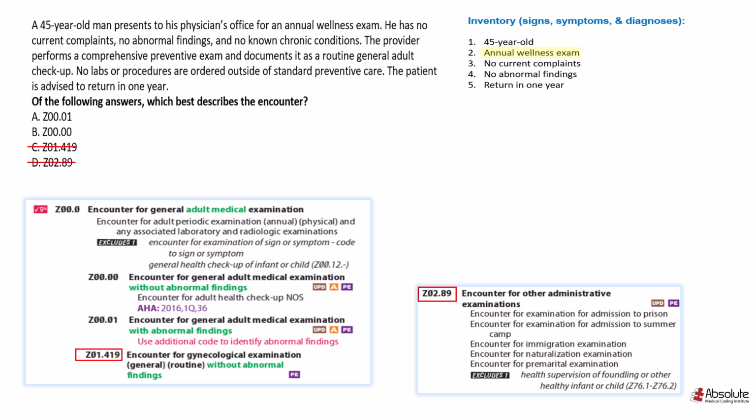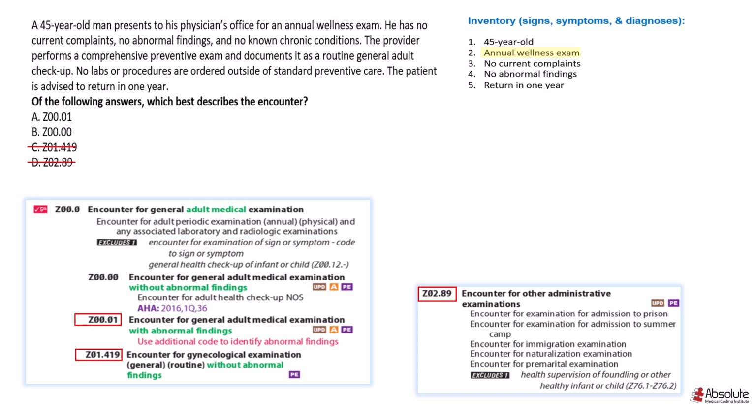Now we are left with options A and B. Option A is coding for Z00.01 and option B is coding for Z00.00. So Z00.01 is for encounter for general adult examination with abnormal findings. And the instructional note also says to use additional code to identify abnormal finding.